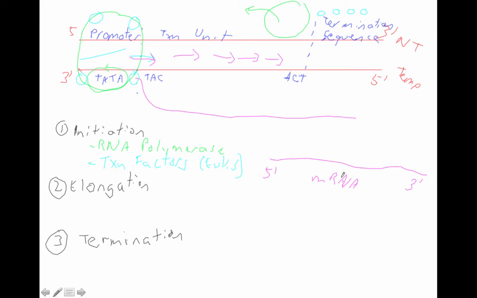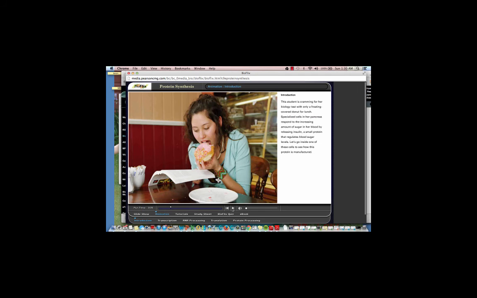Now, before you log off here, I want to show you an animation that's part of your learning material with the mastering. It's one of the BioFlix videos that they have. So let's go ahead and show that and talk a little bit over and see what they're doing. Okay, this is one of the animations that the publisher provides, and you have access to these as well.